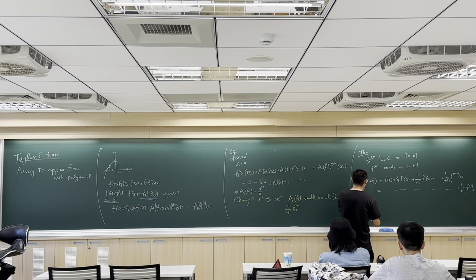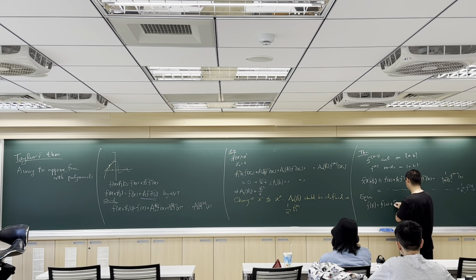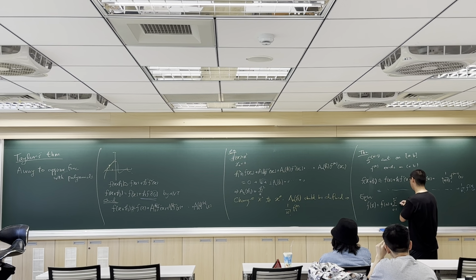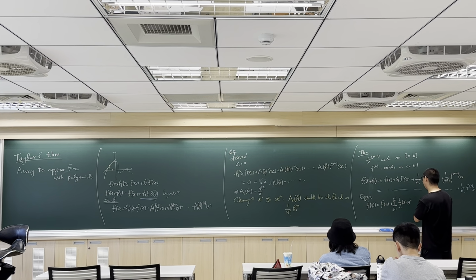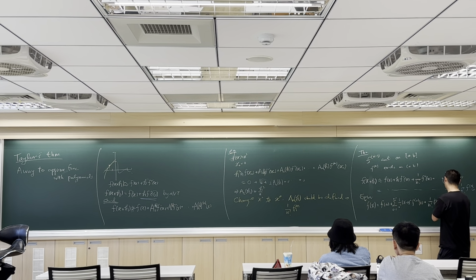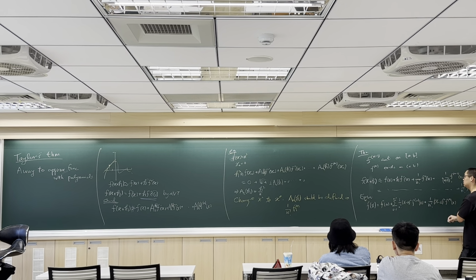But I think the one you have was accordingly: f of x equals f of a plus the sum over i from 1 to n minus 1 of (x minus a) to the i times f^(i) of a over i factorial, plus (x minus a) to the n times f^(n) of c over n factorial. Sorry, it should be a.